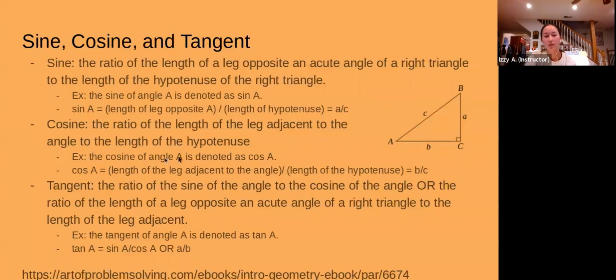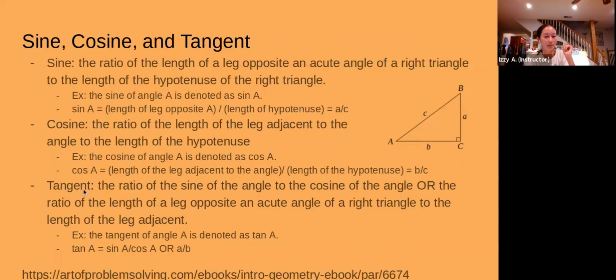If we were to figure out the cosine of A, it's going to be the adjacent leg over the hypotenuse. In this case, the adjacent leg would be b, and the hypotenuse would be c. So cosine of A would be equal to b over c.